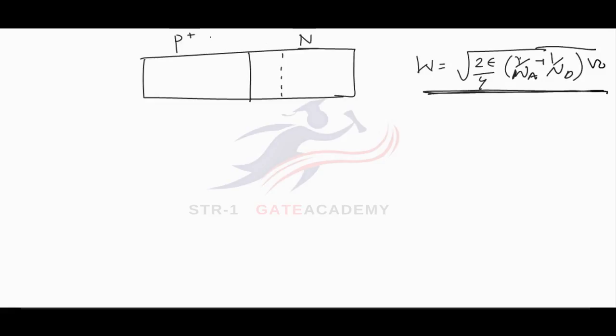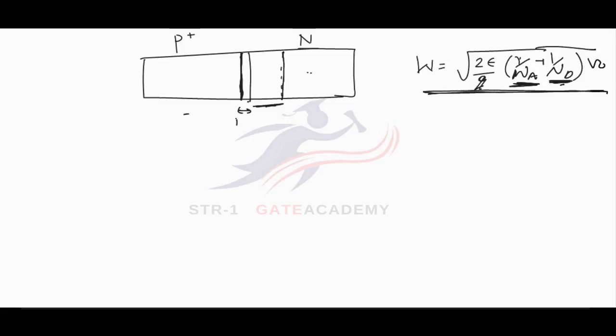But if we consider the one layer only, then Na will come in this particular part. The depletion layer width equation will contain only Na, not Nd. And if we consider the depletion layer on this N side, then this part only comes in the equation. So if P region is highly doped, the depletion layer width will be less as compared to depletion layer width on N side.